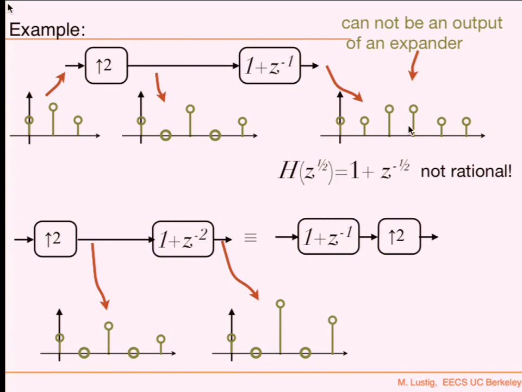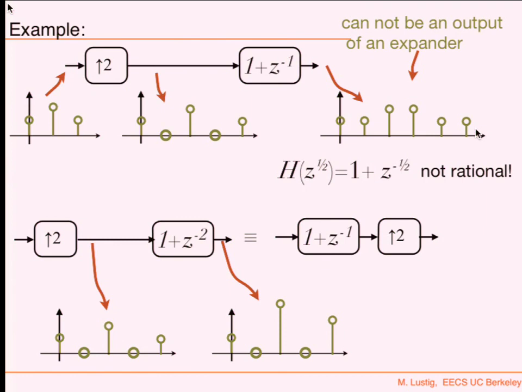I cannot represent anything that will have an expander before that, because it doesn't have zeros. So it's not a result of an expander. And because 1 plus z^-1/2 is not rational, this can never be a result of an expander. Not a result of an expander, you cannot do this.